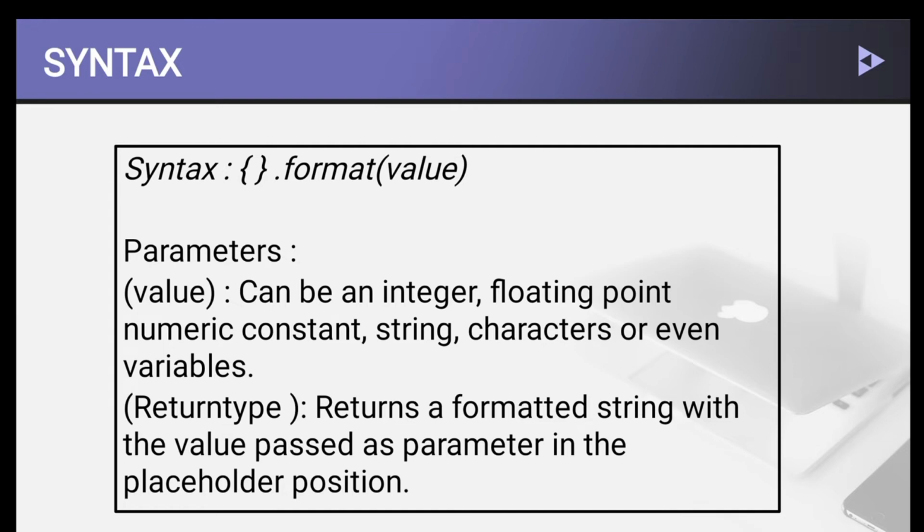The same parameters we pass inside the placeholder. The value can be an integer, floating point, numeric constant, string, character, or even variables. The return type is a formatted string with the value passed as a parameter in the placeholder position. This is the major syntax.